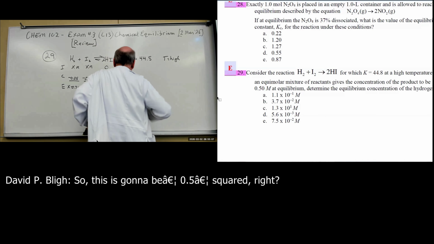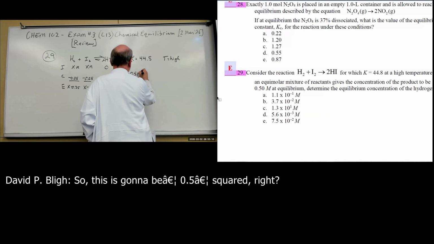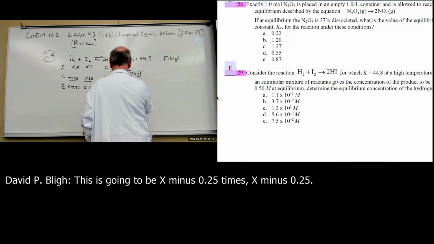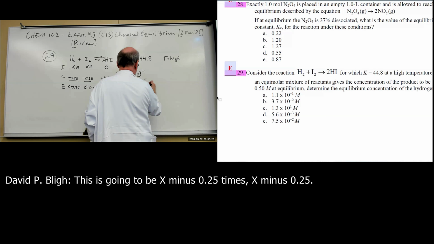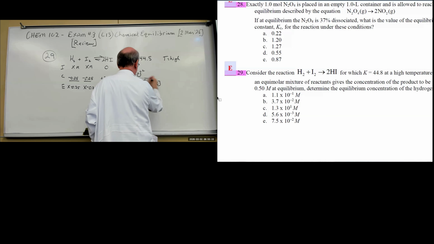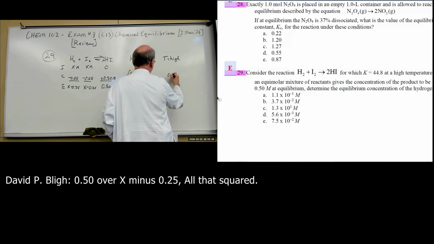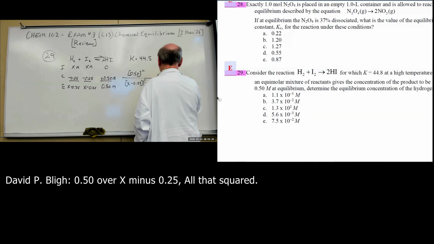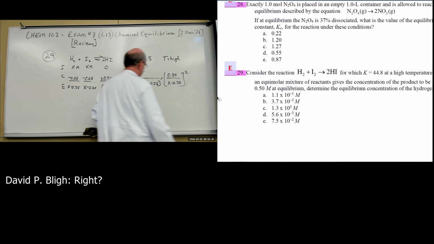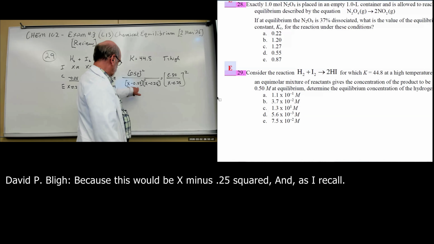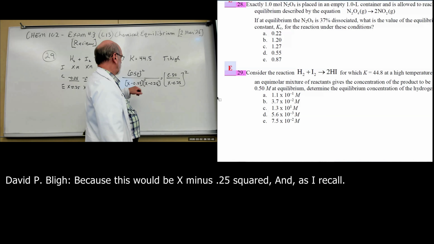So this is going to be 0.5 squared, right? And this is going to be x minus 0.25 times x minus 0.25. So this is the same as saying 0.50 over x minus 0.25, all that squared, because this would be x minus 0.25 squared.